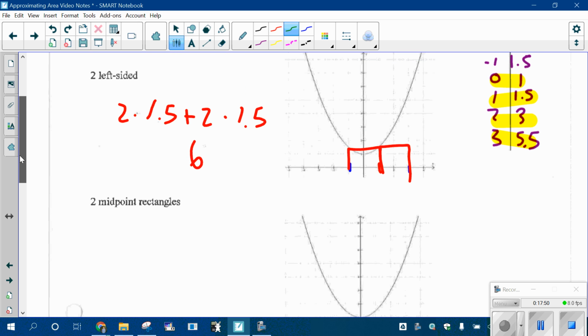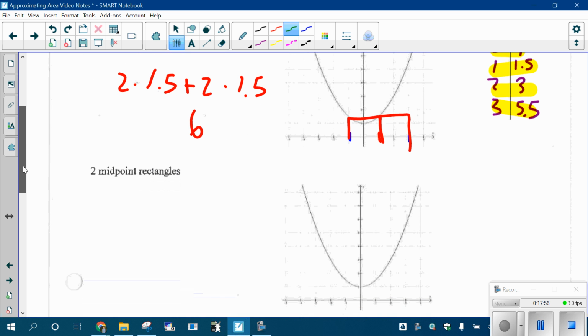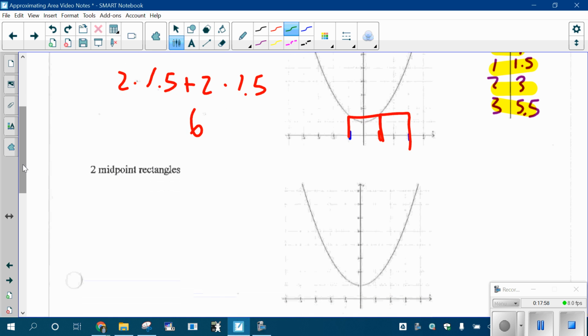The other way you can do it, besides left-hand rectangles or right-hand rectangles, is with midpoint rectangles. This one's a little trickier, so I want to slow down here. If I was going to do midpoint rectangles from -1 to 3, and I was going to do 2 of them, I'm still just doing 2 rectangles because the interval is 4 wide and I'm drawing 2 rectangles.